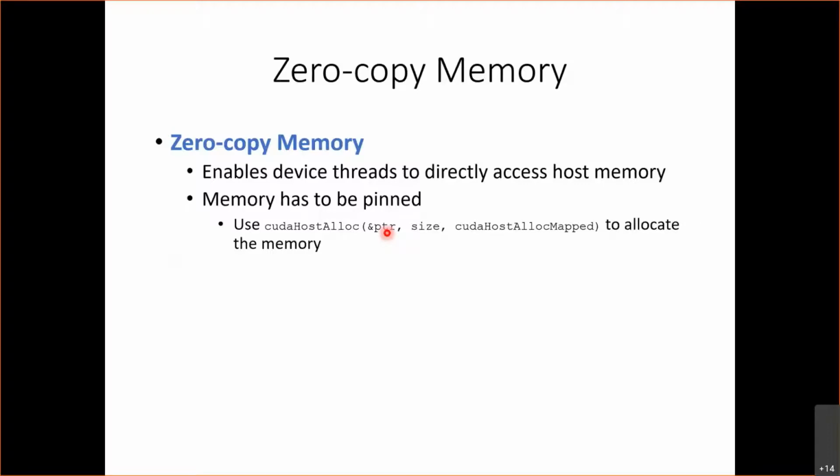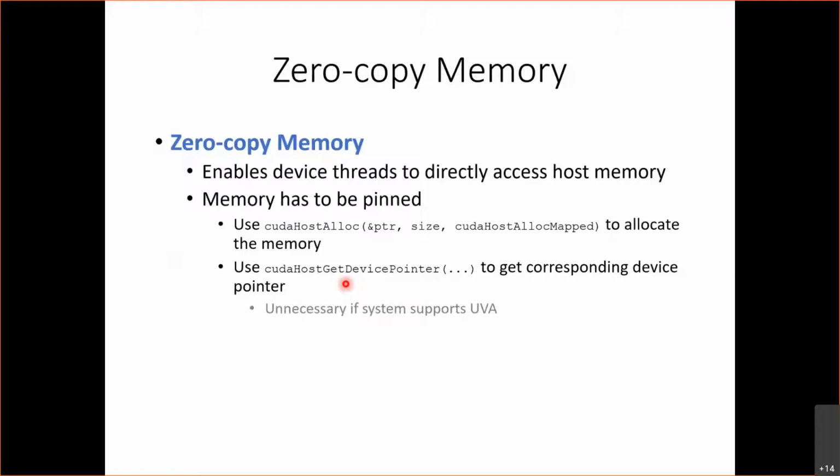So we can use a command called CUDA host get device pointer that takes a pointer that was allocated using CUDA host alloc that points to pinned memory on the CPU, and gets a corresponding pointer on the GPU that the GPU can use to access this data. However, this is unnecessary if our system supports unified virtual addressing.